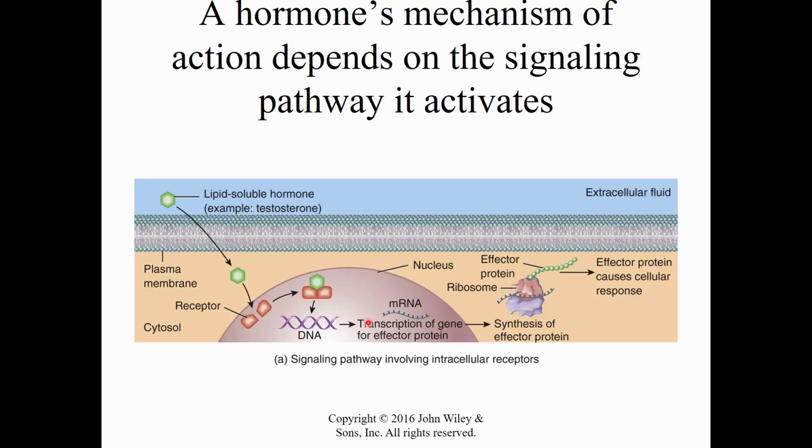That messenger RNA then goes out into the cell and is made into a protein with the help of ribosomes. So you have transcription, translation, and then the action of the protein. So we have gene expression, or the synthesis of a protein that then causes some kind of cellular response. And that's basically how steroids work.